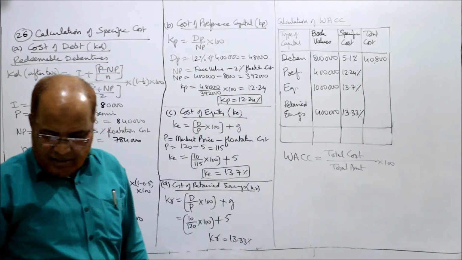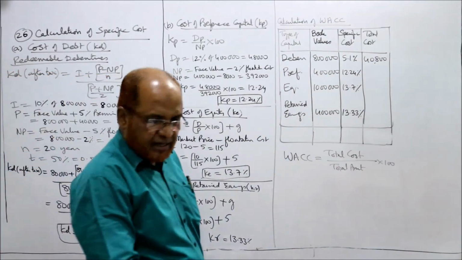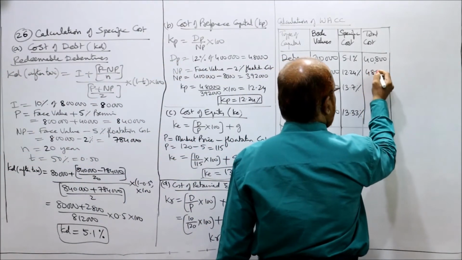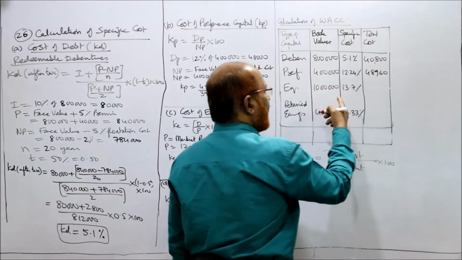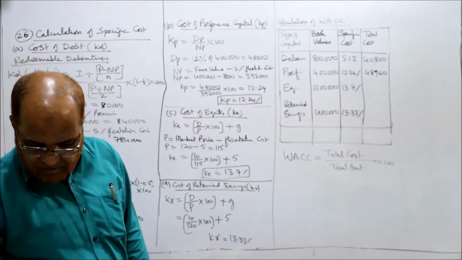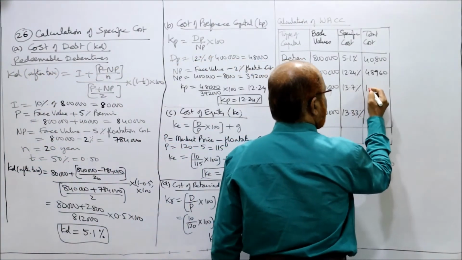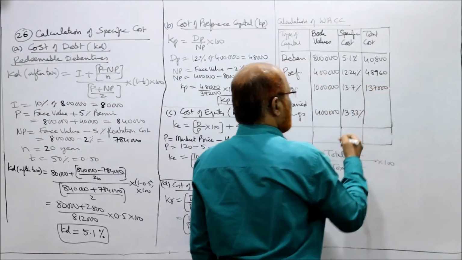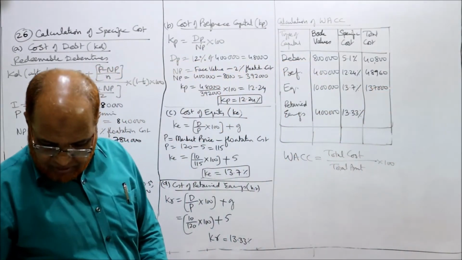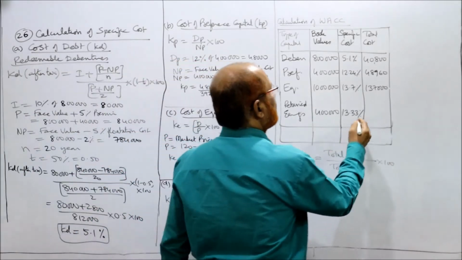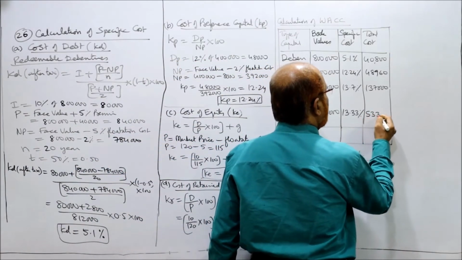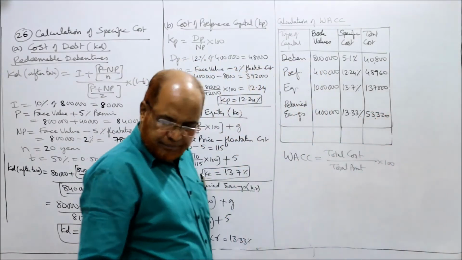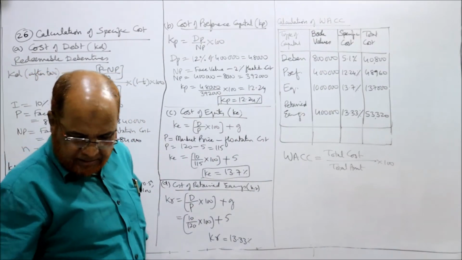Similarly 4 lakh into 12.24% is 48,960. Here 10 lakh into 13.7% is 1 lakh 37,000. Last one, 4 lakh into 13.33% is 53,320. Total is 2,80,080.